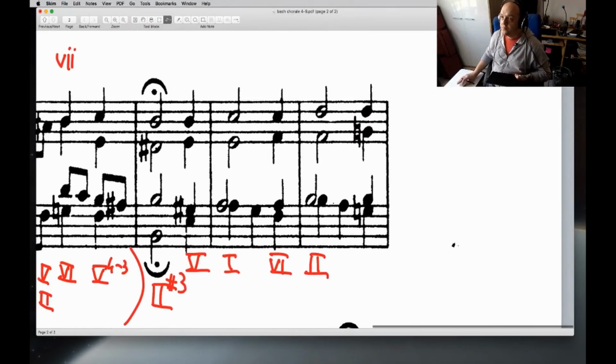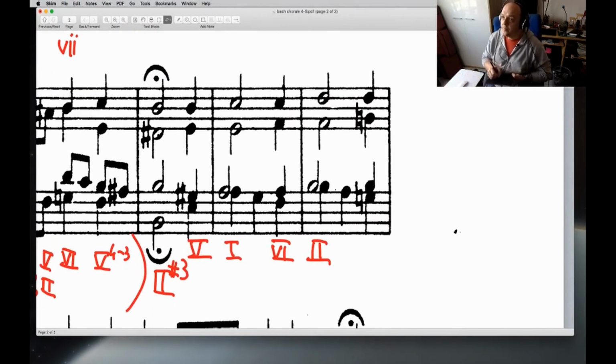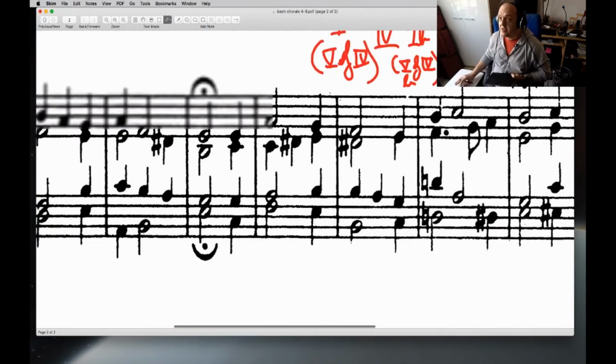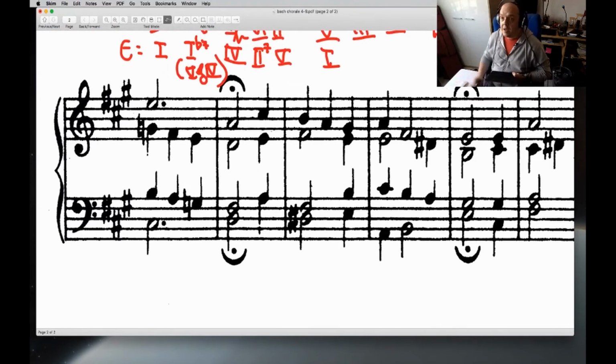Now, so this is 2, this is 7 from the minor. Is it functioning as 6 of 2? What happens after? Let's see. I have this is a C sharp minor 7 flat 5.